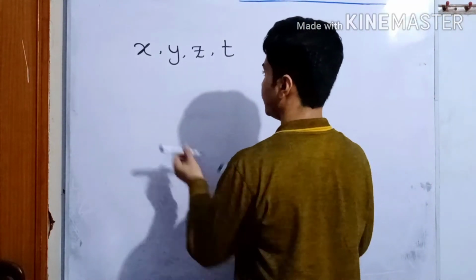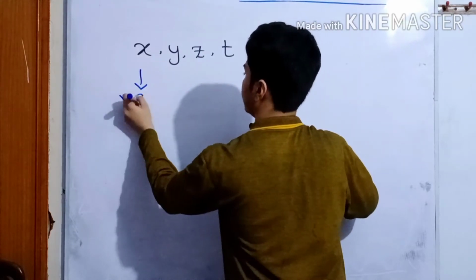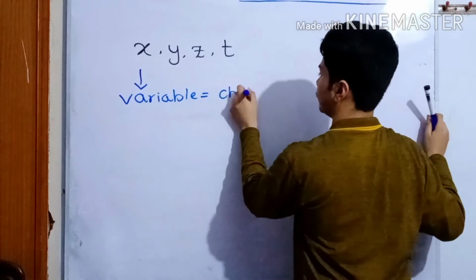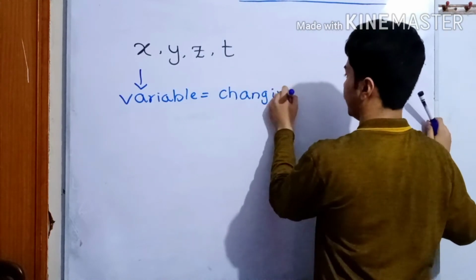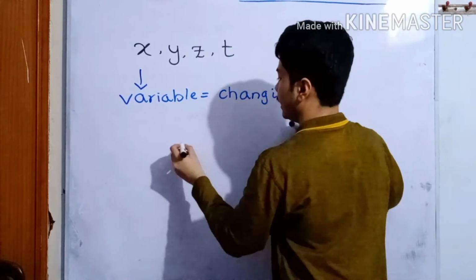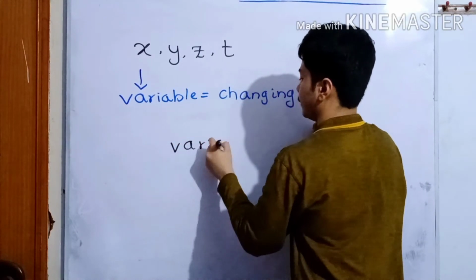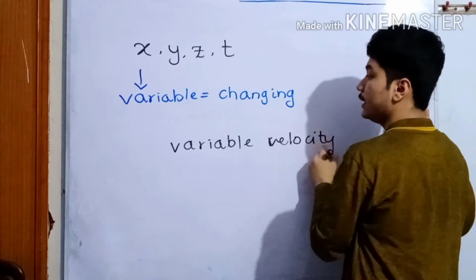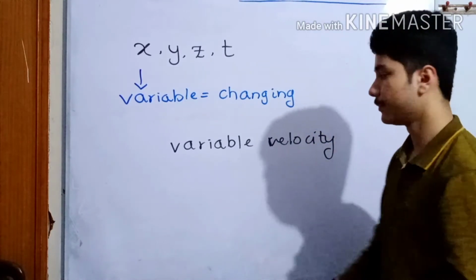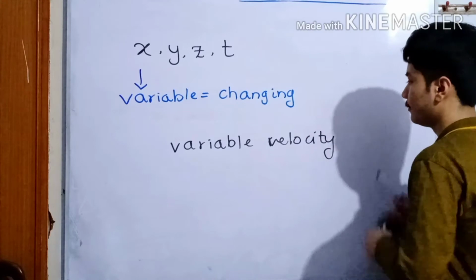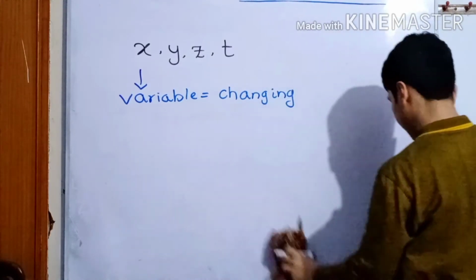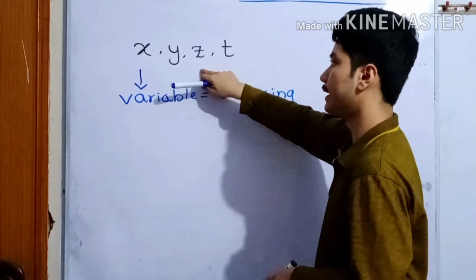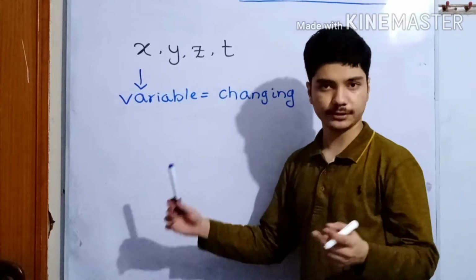First of all, understand the meaning of variable. Variable means changing. If I say variable velocity, it means the velocity is continuously changing. So basically a variable means something that is changing. The variables x, y, z and t are continuously changing.